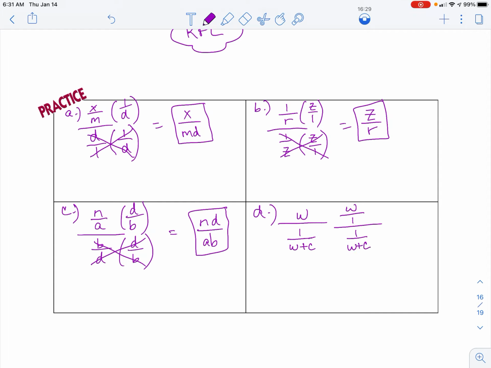You can see they can get a little messy, so please be sure you're writing neat so that you can follow your work, and when I grade it, I can follow it as well. We're going to multiply the same reciprocal up top. These cancel out, and I end up with W plus C times W.